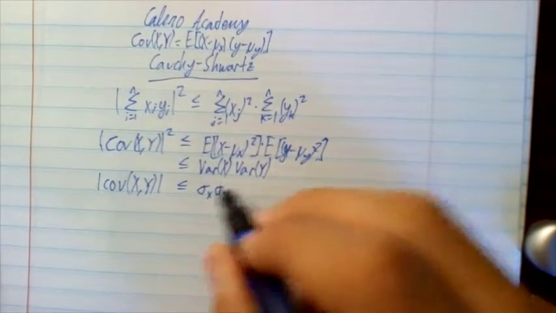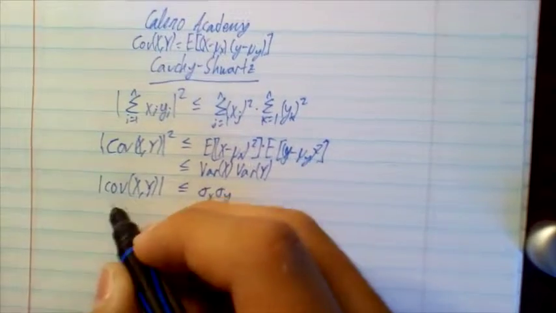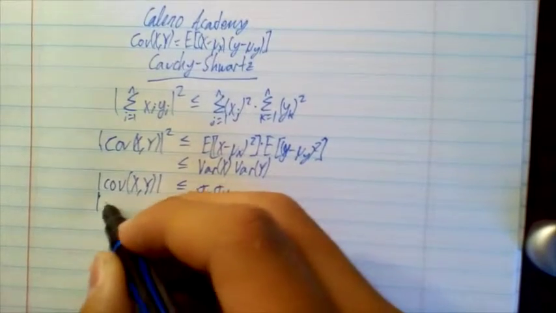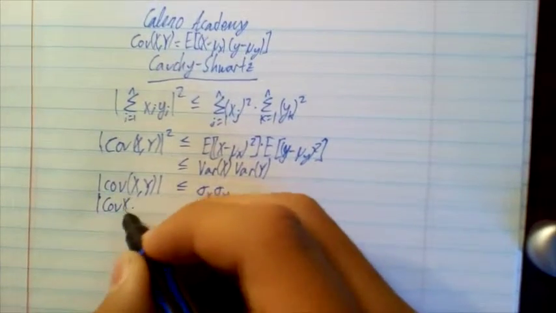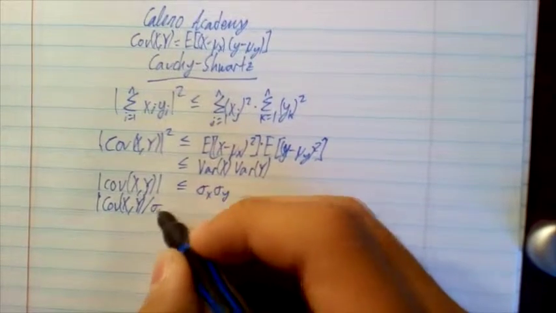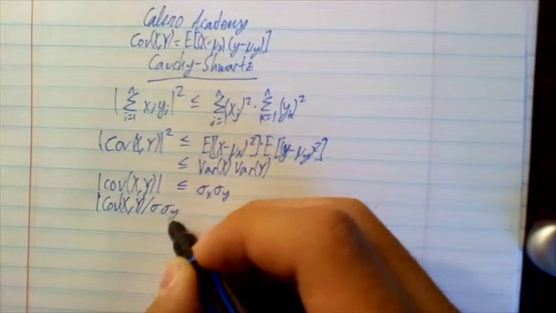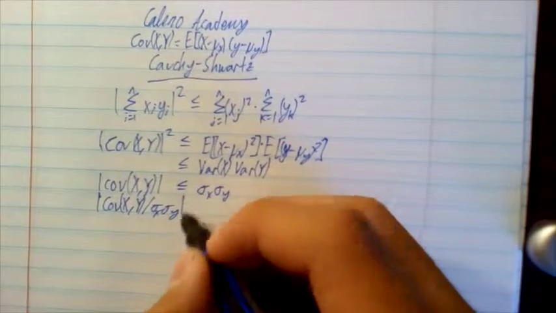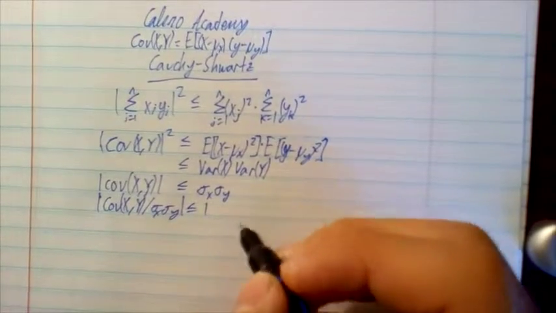Dividing both sides by the standard deviations, we have the covariance of x and y divided by the standard deviation of x times the standard deviation of y is less than or equal to 1.